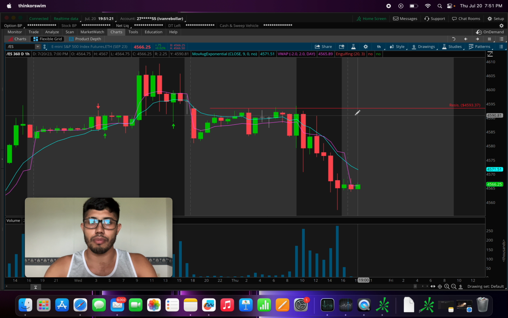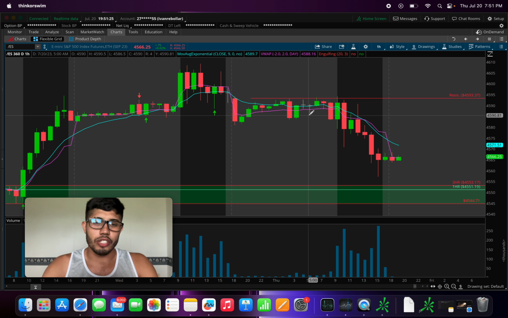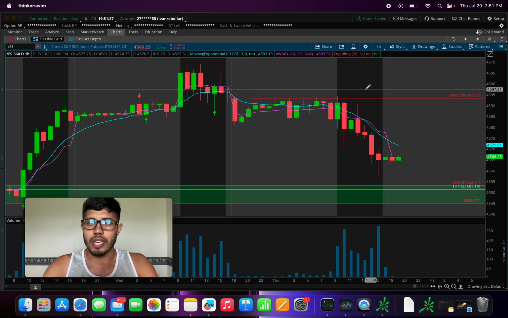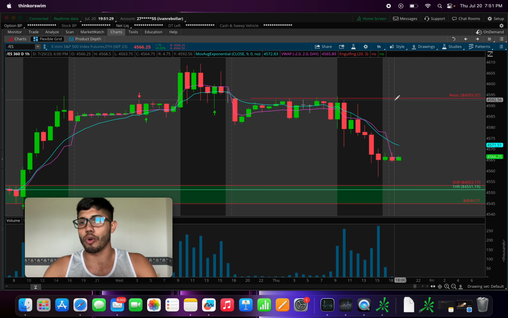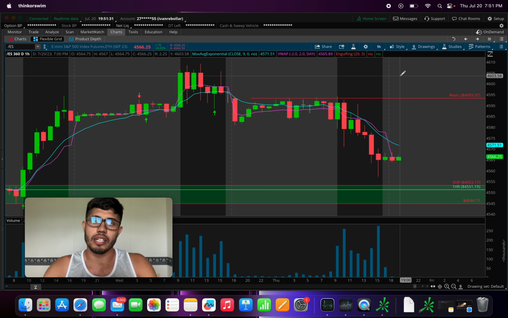So we've got to be careful about that. I don't trade breakthroughs. If this breaks through resistance, I wouldn't trade it. I would wait for a pullback and shoot for the 46.07 area.